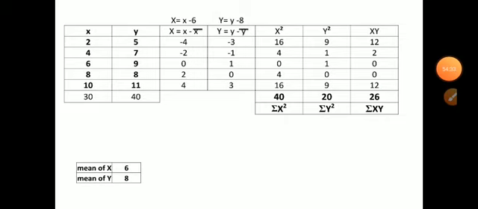Okay, do the summation now. Summation X square, if you add it, we get 40. Summation Y square is 20, and summation XY is 26. Now we substitute everything into the formulas of bxy and byx. The regression coefficients: bxy is summation XY divided by summation Y square, and byx is summation XY divided by summation X square.